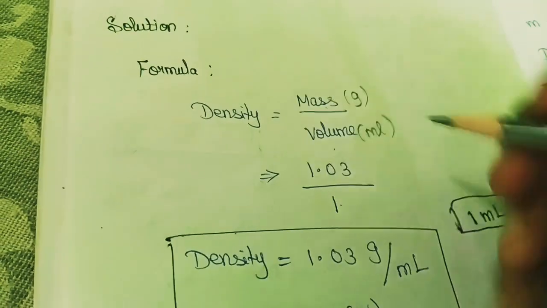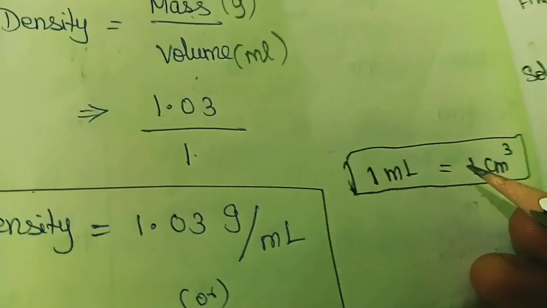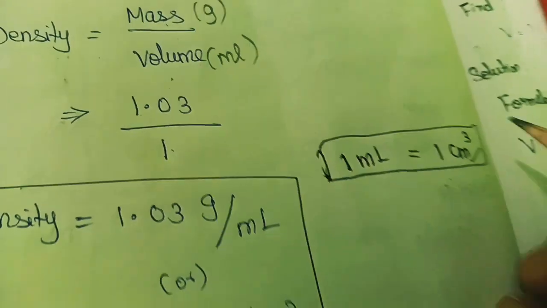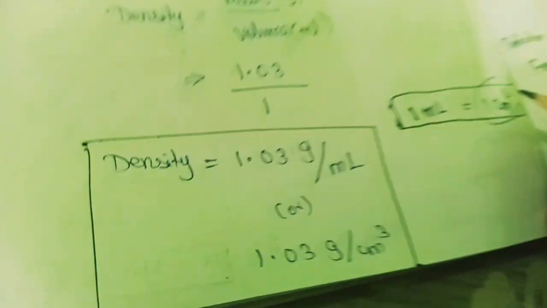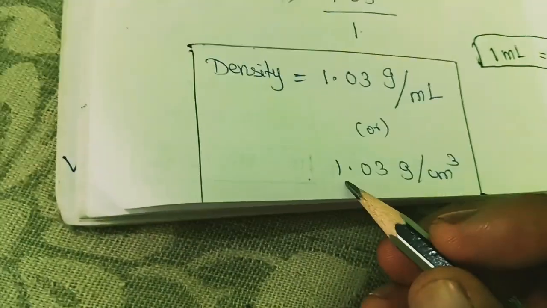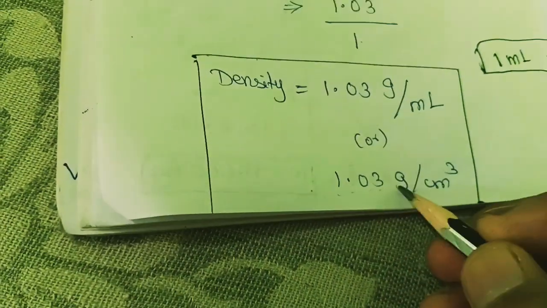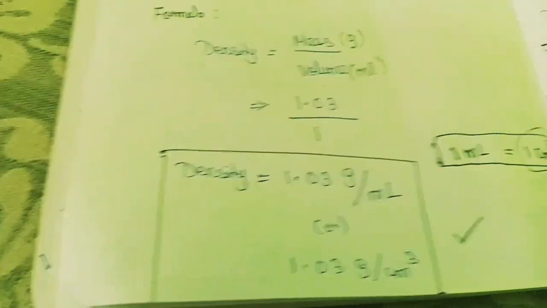So this only will be the answer. Now one piece of information: 1 milliliter is equal to 1 centimeter cube. This is the conversion. So in place of milliliter I'm going to use centimeter cube. You see here 1.03 gram per centimeter cube. This is the second problem. If you have doubt, let me know later in comments.